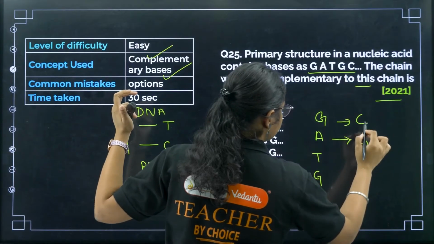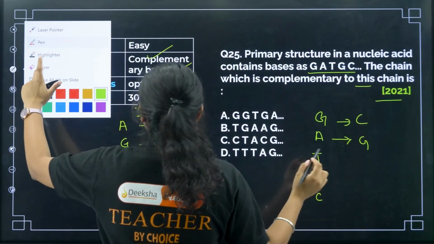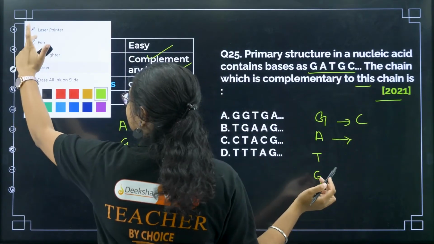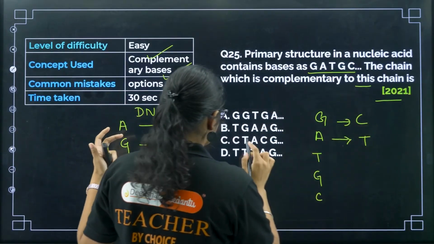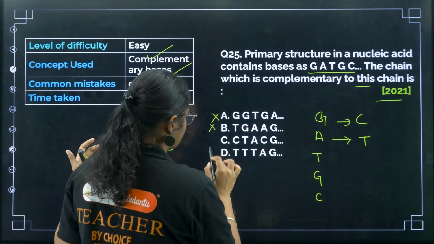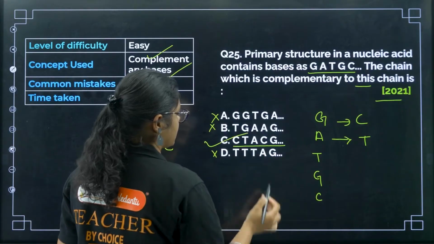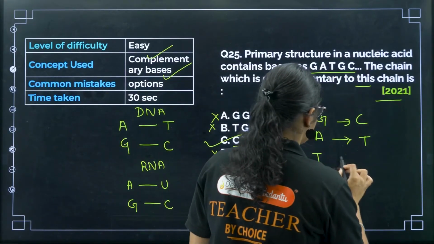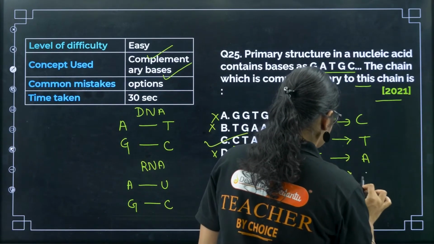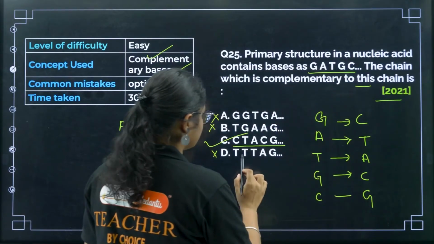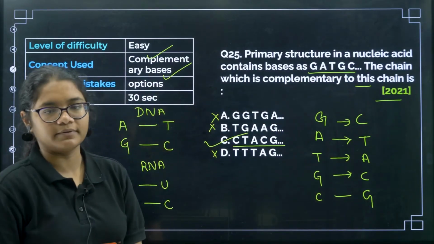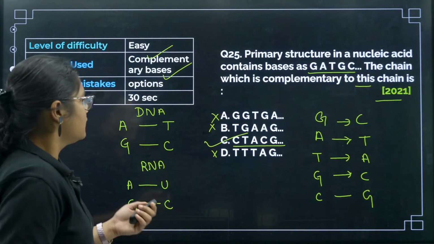Yeah, G forms bond with C and A forms bond with T. One second, yeah. So it has to start with C. So you can see only one option is there which is starting with C. So that is why option number C will be the correct answer, but we will write it completely. So I'll get CTACG, that is option number C here, okay.